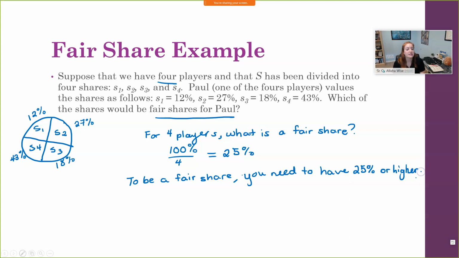Okay? So it has to be at least 25% or higher to feel like, oh, that's a fair share.